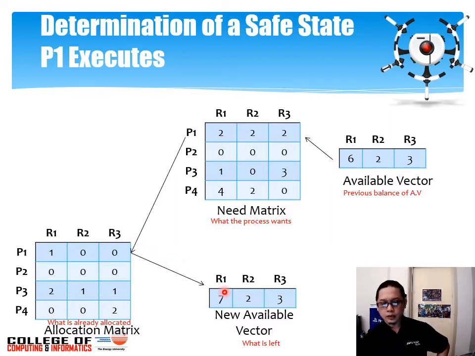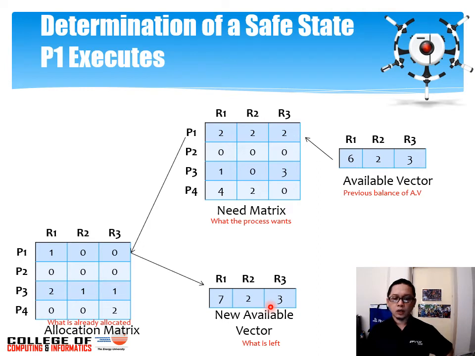So now instead of 6, 2, 3, you have an extra resource for R1 because you have returned the resources in this allocation matrix. So now you have the new value for the available vector. The value increases because P1 has finished. By right, P1 needs to return whatever resources have been given to it. So now you have 7 units of R1, 2 units of R2, and 3 units of R3.